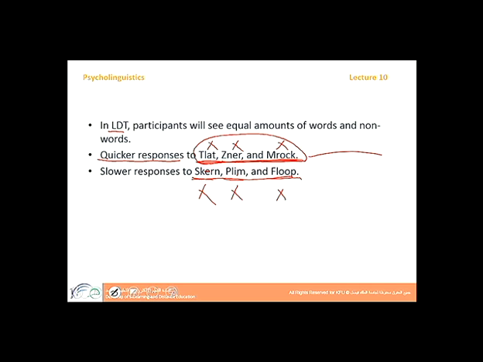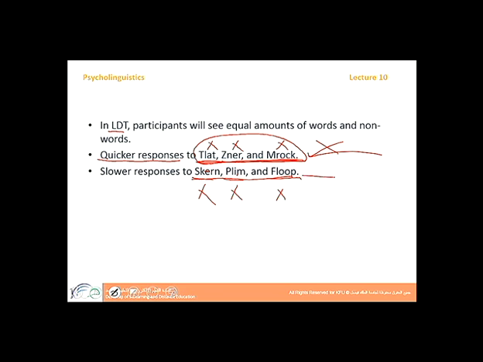Why? Because they don't sound like English words. Znr, tlat, mrok, these are not English words. And they don't sound like English words. So they violate the phonological rules of English. And that's why native speakers would say, no, these are not words, straight away, very quickly.